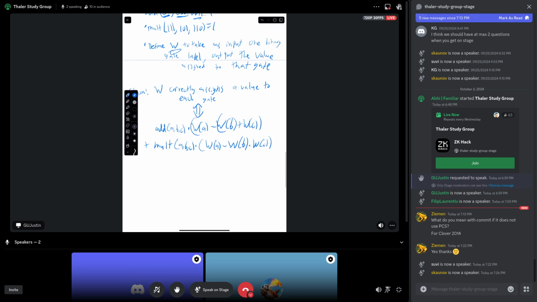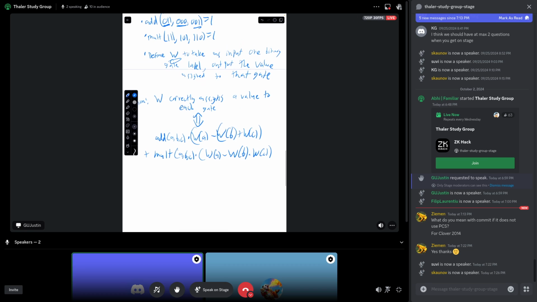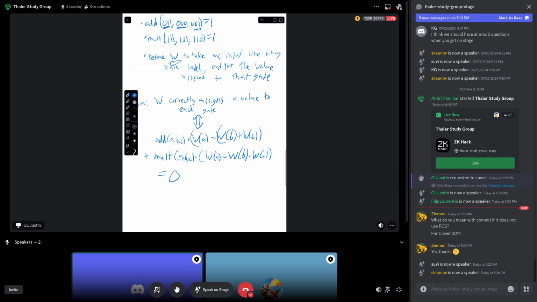Okay, let me just pause here for a second. This claim is not quite going to be true. It's almost going to be true. So let's say equals 0, and this would be for all A, B, C in {0,1}^(log circuit size).